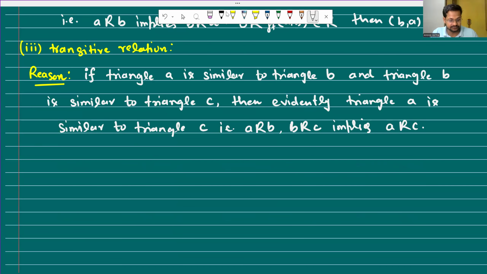Is it clear? Okay. एक और रिलेशन पढ़ते हैं. Let us see another example 2.